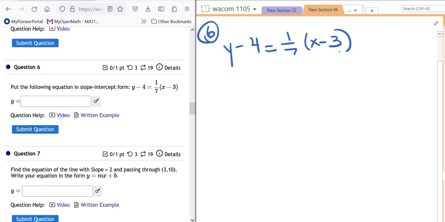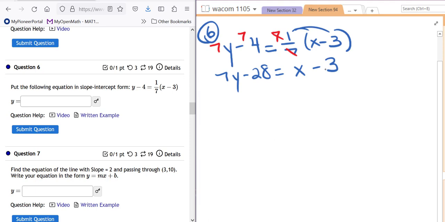This is point-slope form, and so you have to clear the fraction to do this. So we need to multiply through by 7. So 7 here, 7 here, 7 here. These are going to cancel. So I have 7y minus 28 equals, and then you distribute your 1, x minus 3.